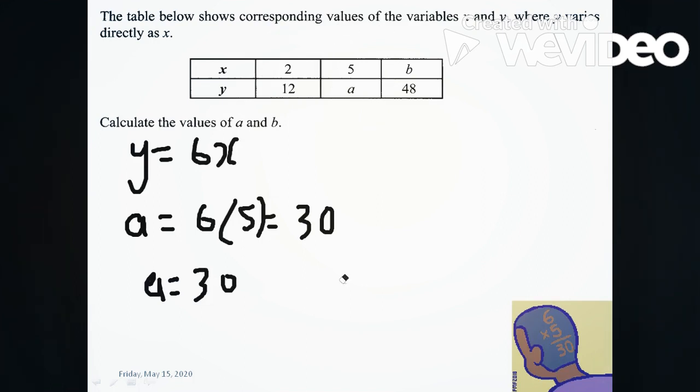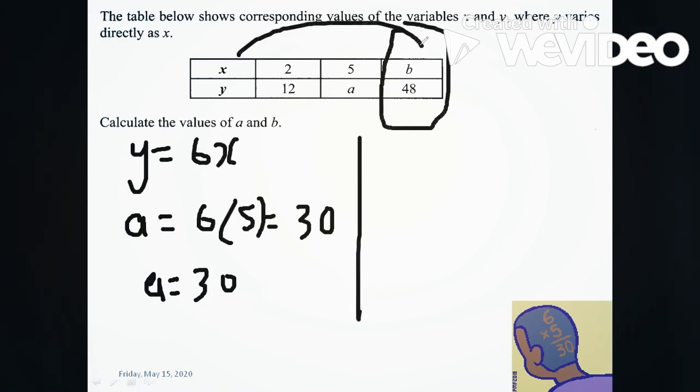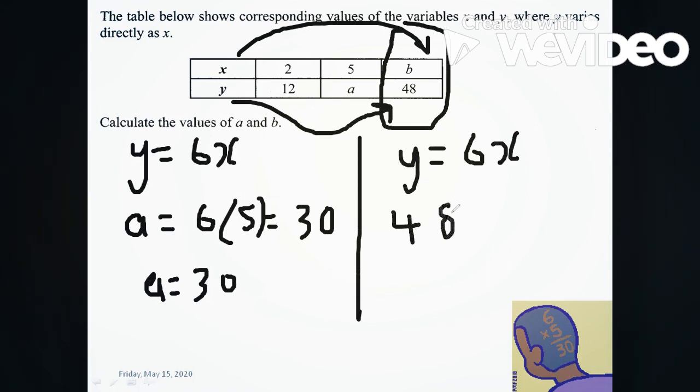Okay, so let's work out the other value now. Let's look at this column here. What this is saying is that x is now b and y is now 48. So we're going to use the same equation, y is equal to 6x. We replace y with 48, and x is b, so that's going to be 6b.